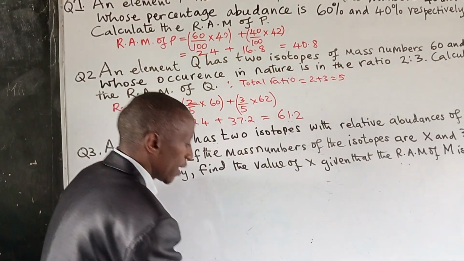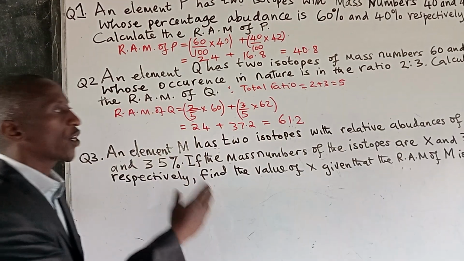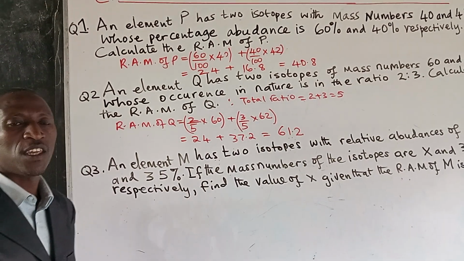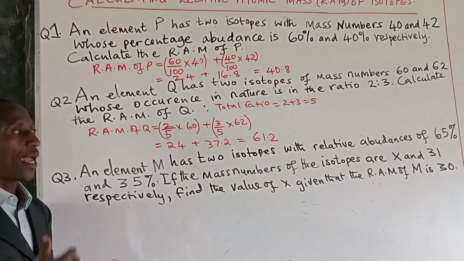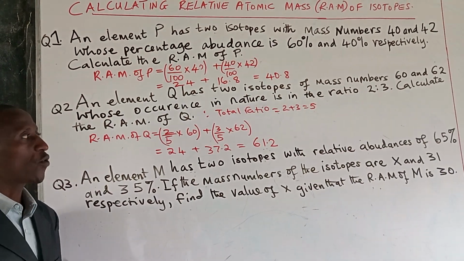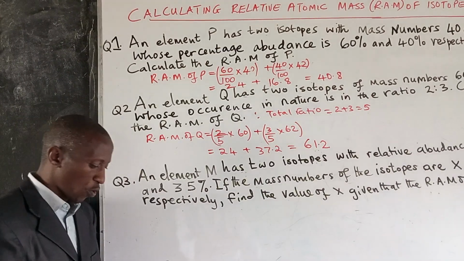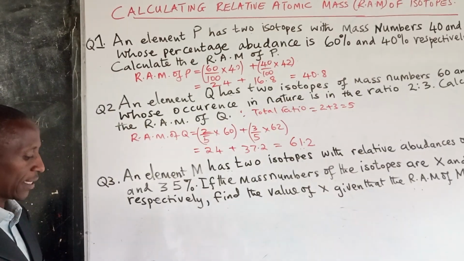So in this case, we are required to find the mass number of one of the isotopes, and we have the RAM. So we shall work in a similar way and compute what the value of X is.